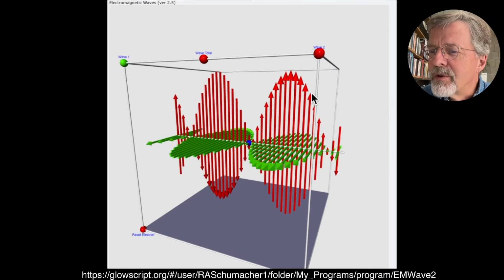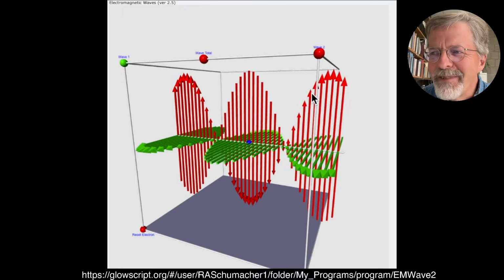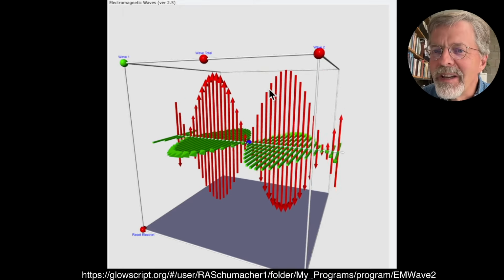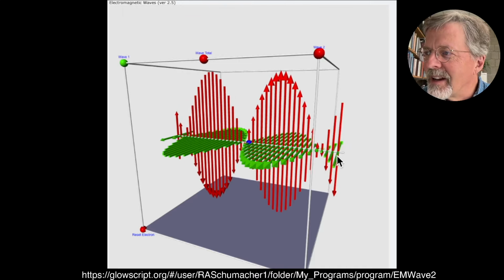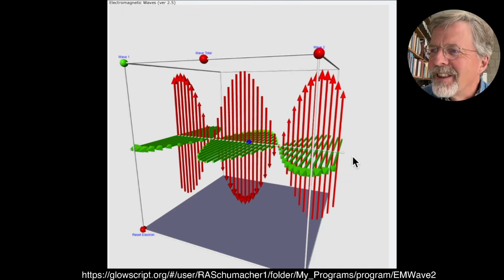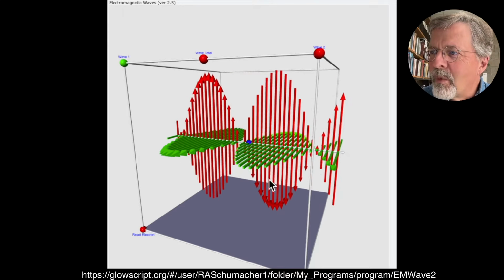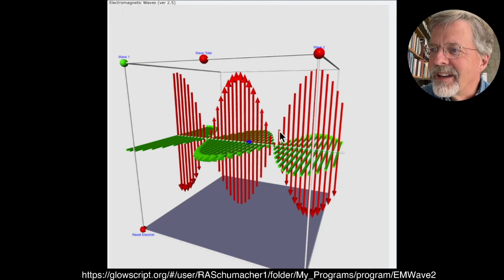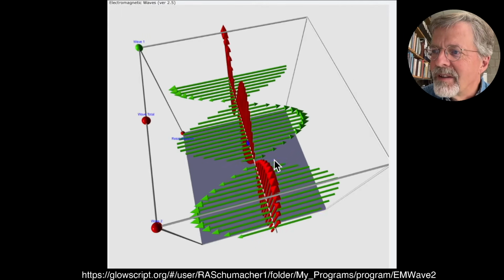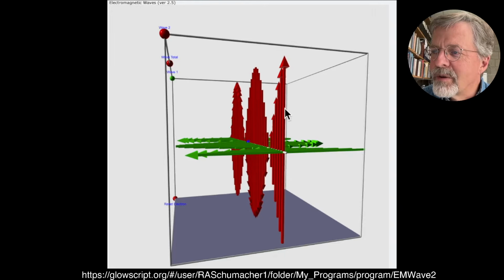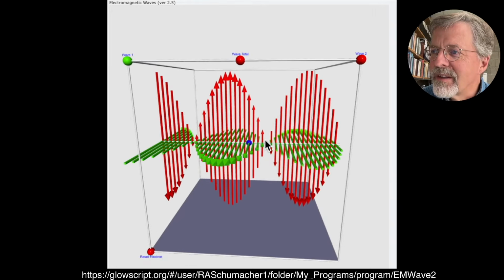And as you should have learned in your E&M class, for a propagating electromagnetic wave propagating along this gray line down here in the middle, the electric field is in one plane, and the magnetic field is at 90 degrees to it and in phase.